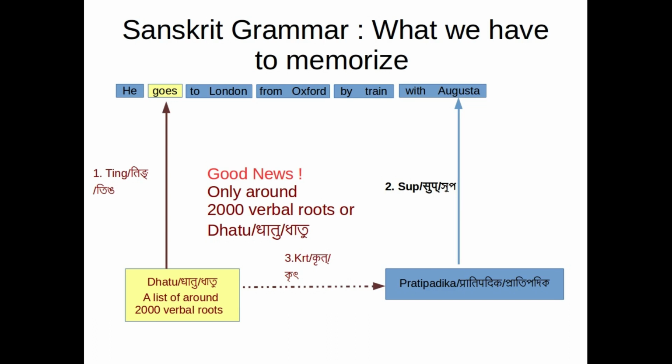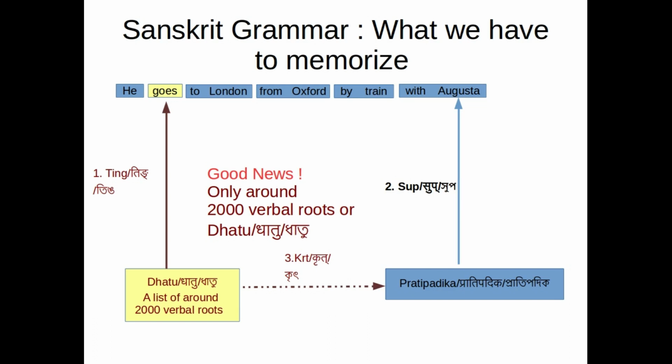What is a dhatu? We can say these are root words. There is a list of around 2000 such words, and from them we derive other meaningful words appropriate to be used in a sentence.